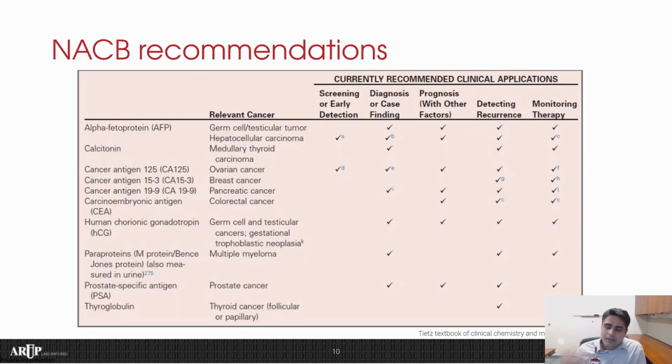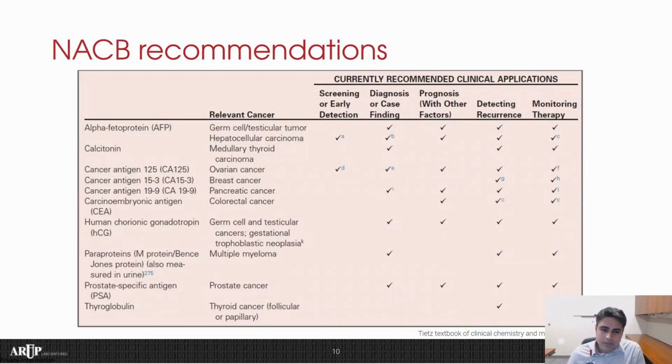There are several guidelines out there by different organizations that recommend specific tumor markers in specific circumstances. But here is an example of National Academy of Clinical Biochemistry recommendations for tumor markers. This is a large table, but we'll go through a couple of examples.